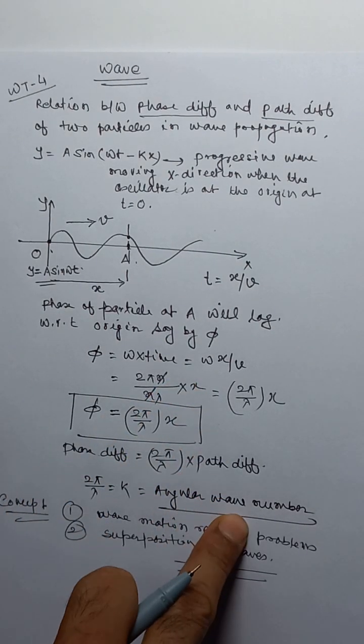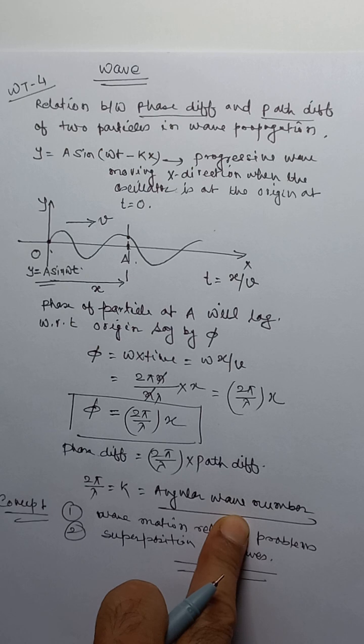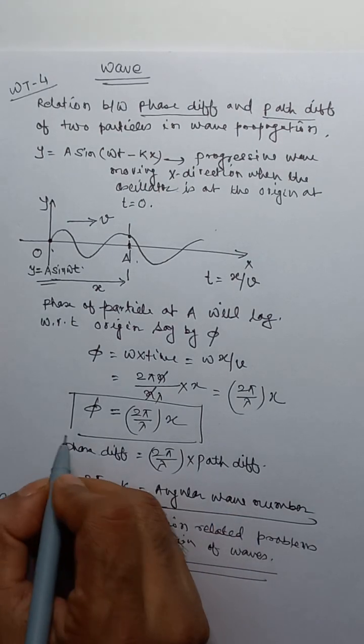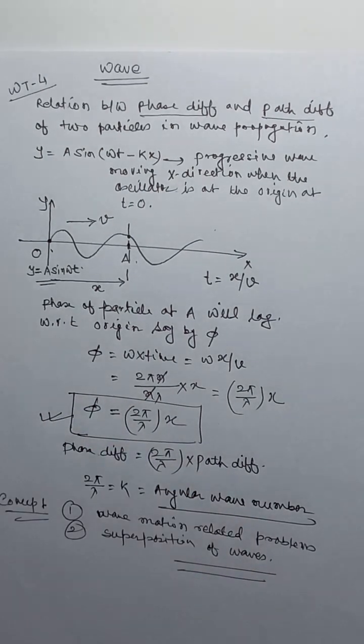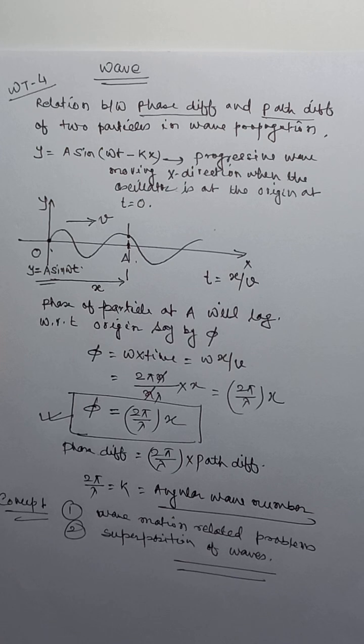This concept we used in my second video also. The same thing I repeated here, but just to highlight, the phase difference is equal to 2 pi by lambda times the path difference.